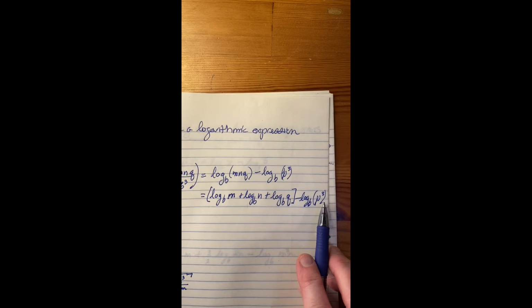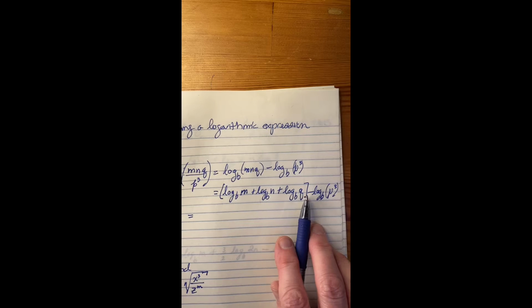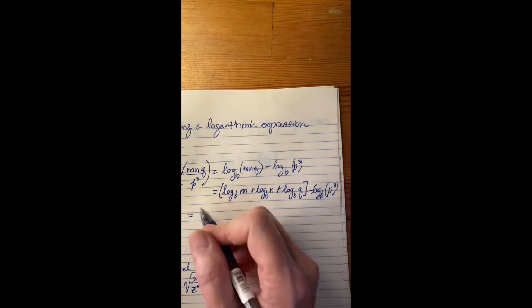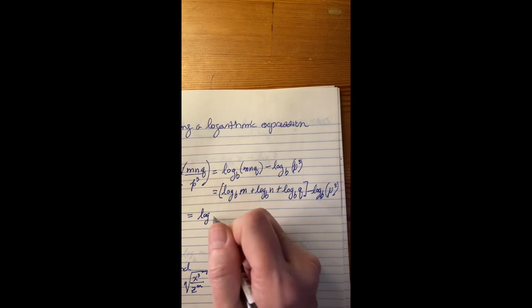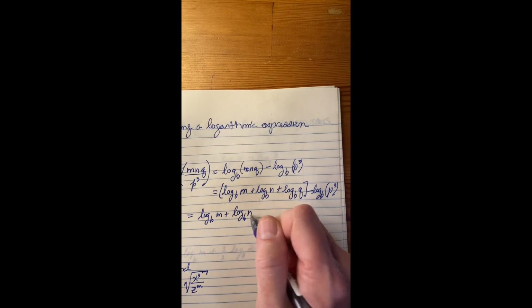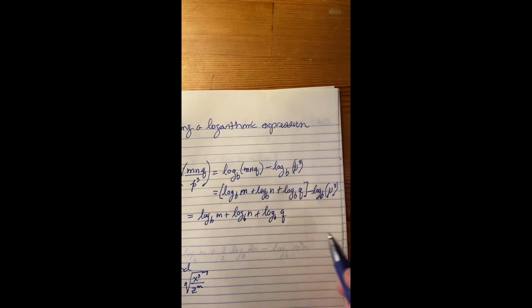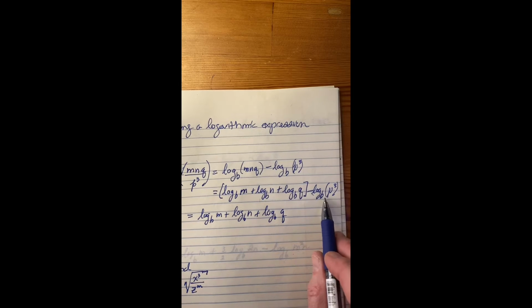We could keep simplifying that too. So let's back this up a little bit. Now, do we need to carry these brackets around? No. We could write this as the log base b of m plus the log base b of n plus the log base b of q minus this log base b of p cubed, but that 3 can come out in front of it.